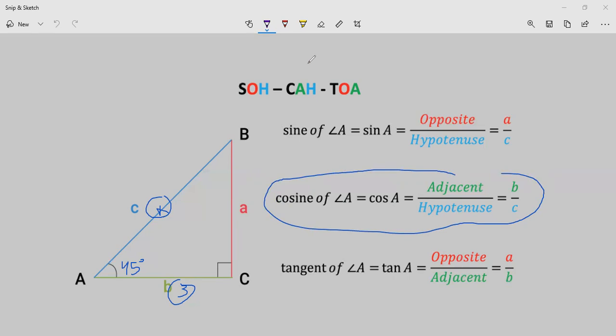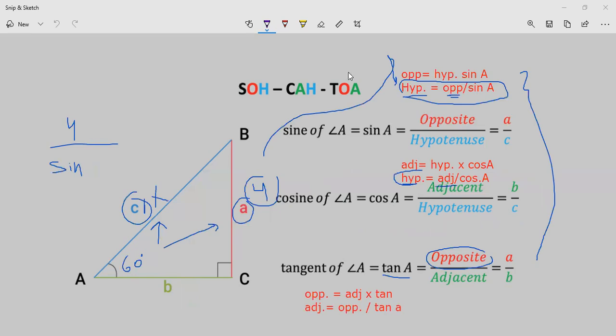So let me go back to the rules that I have here. Now, let me erase this part only.